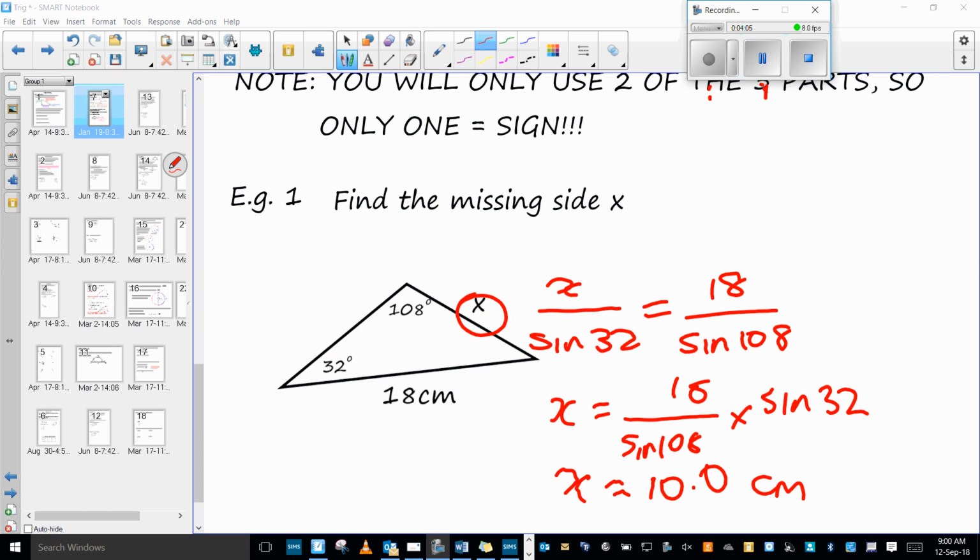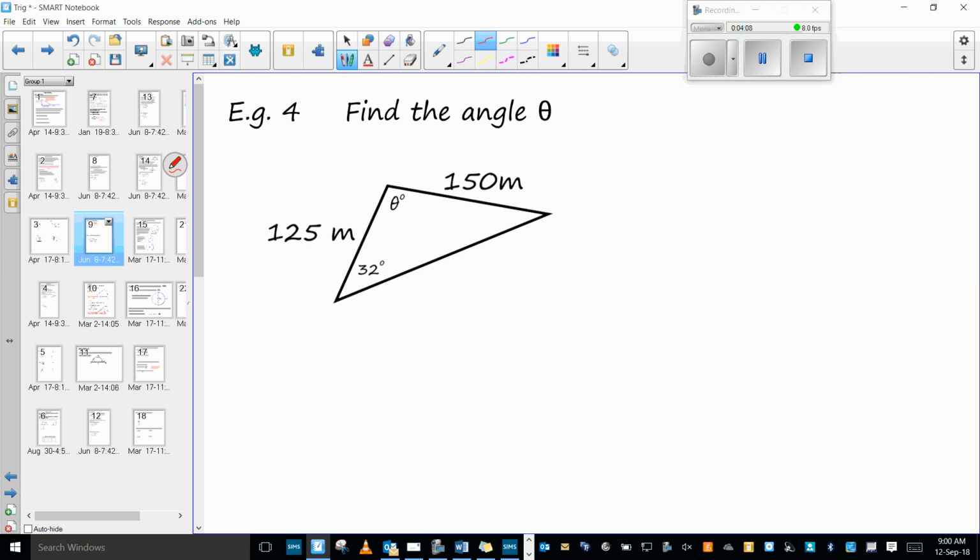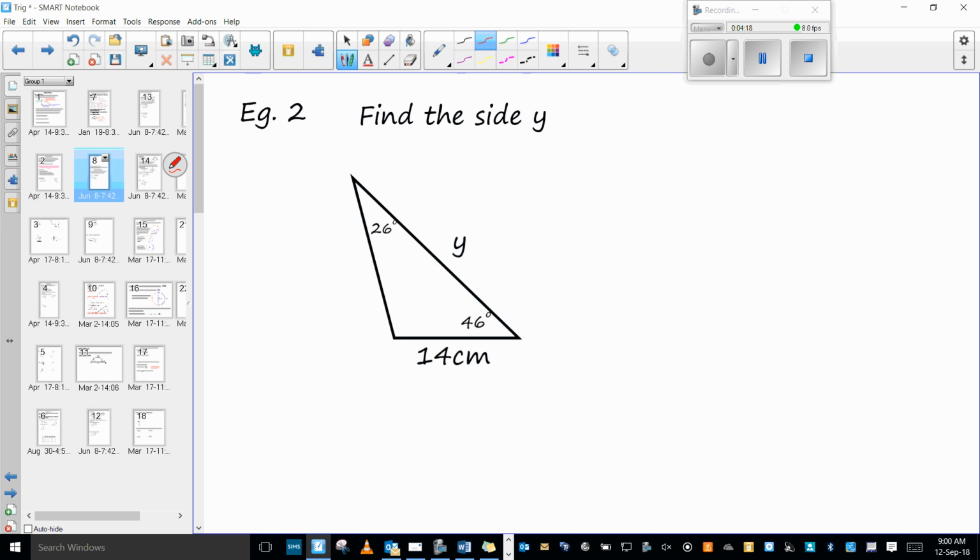Next one, we need to find the side y. So I start writing my statement. I'm trying to find this side length, so I write y over what? Oh, okay, so we've got a problem. The angle's not there.